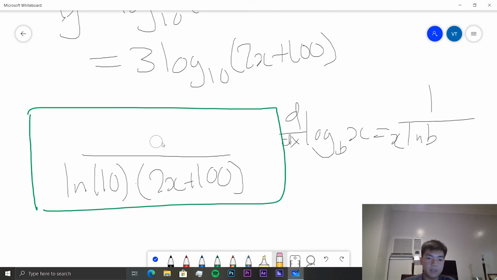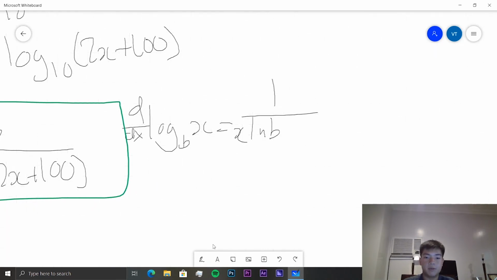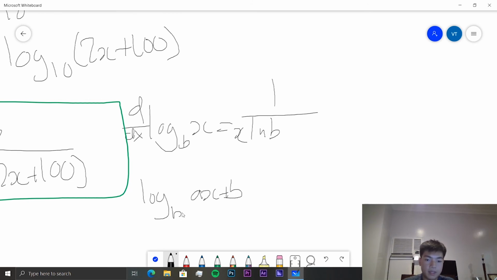So this should be equal to 6, actually, because this would be chain rule. So if we have ax plus b, log c of ax plus b is equal to a over x ln c.